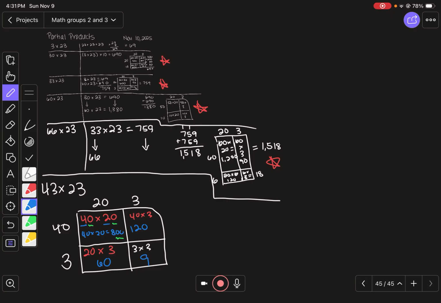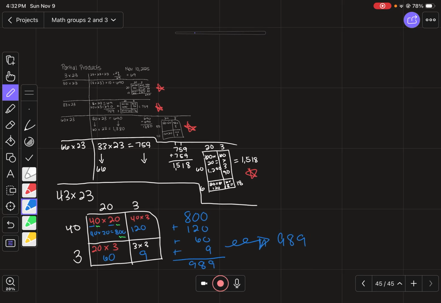Now, if we add all of those up like we did previously, we would get 800 plus 120 plus 60 plus 9. So your answer then would be 989.